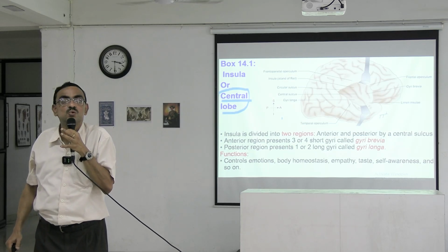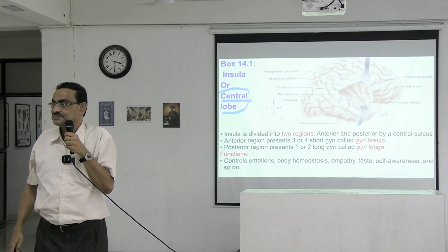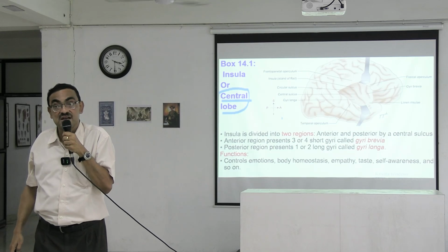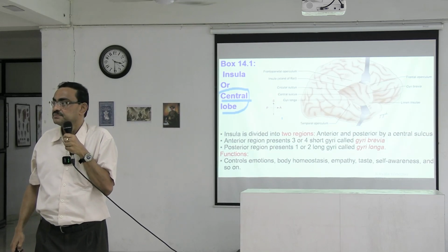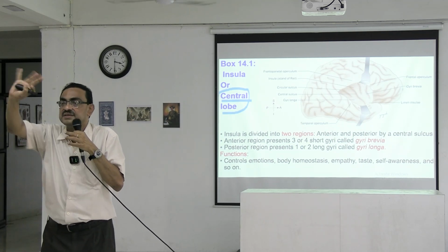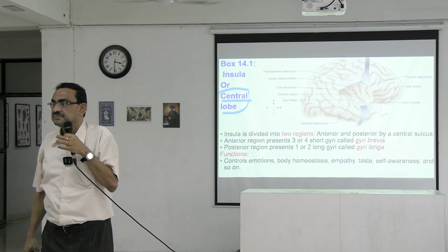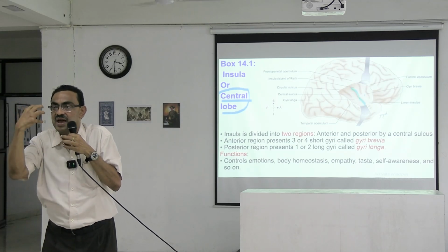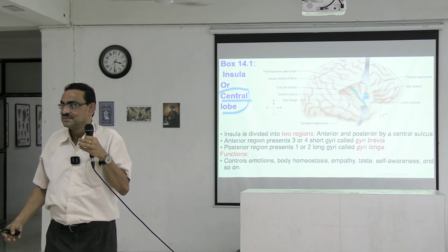This is called insula. Insula is again concerned with emotion and primitive activities. And lateral sulcus is a secondary sulcus. It is not present from the beginning, as insula has gone inside.